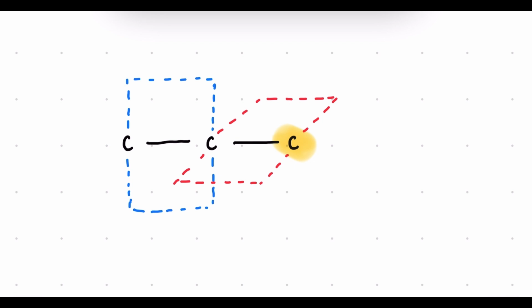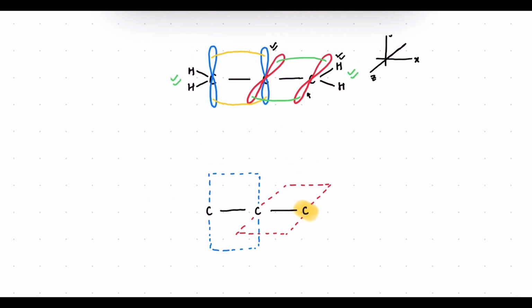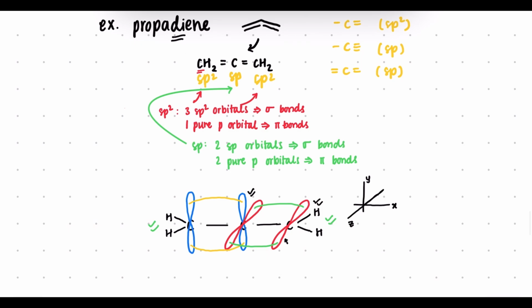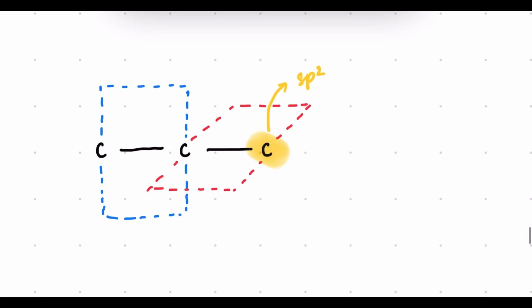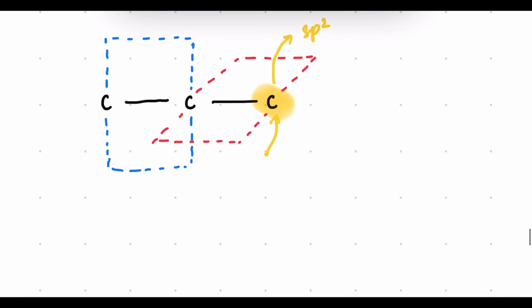One thing that you should remember about that carbon right there is that it is sp2 hybridized, which is something that we've already understood earlier, and this carbon can make 4 bonds. 4 bonds can be made by a carbon in any compound.